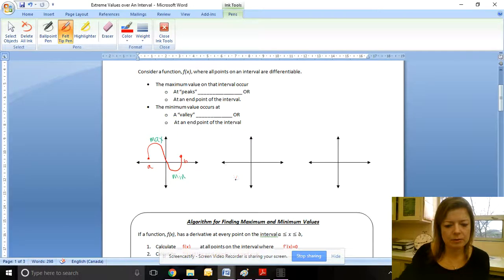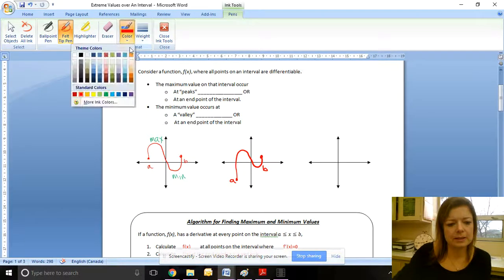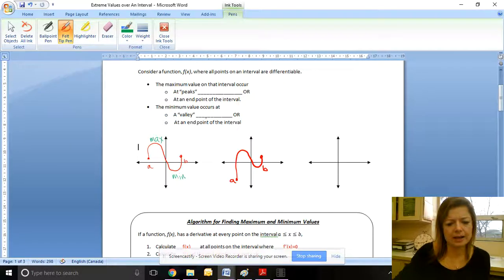Okay, so what if we start down here, and we go up, and then we have our max, and then we go down, and we end here. So here's our A and our B. Well, here it's a little bit different because notice that our max does occur where the derivative is 0, but our minimum actually occurs at the end point, A, not at the turning point over there.